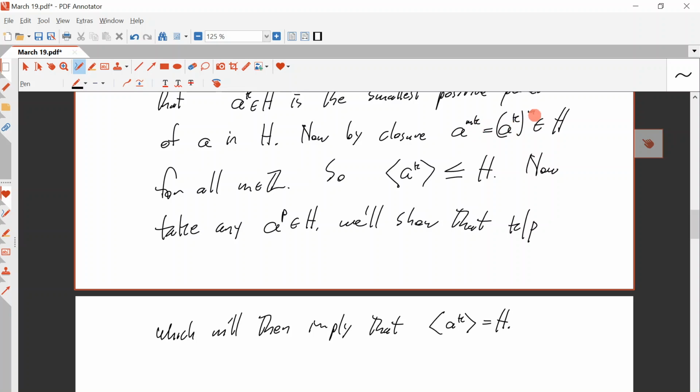That's all the elements of H, if we can show that k divides p. Okay, so that's what we're going to do.